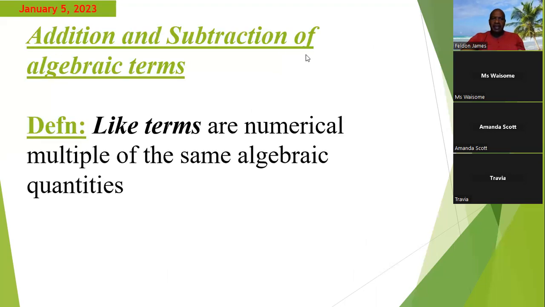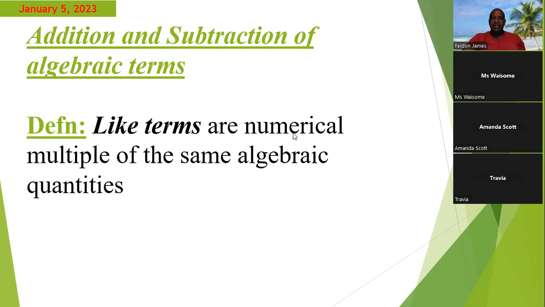Now, addition and subtraction of algebraic terms. Like terms are numerical multiples of the same algebraic quantity. When we say they are numerical multiples of the same algebraic quantity, all we are saying is that you have the same variable, but the coefficient can be different, right?